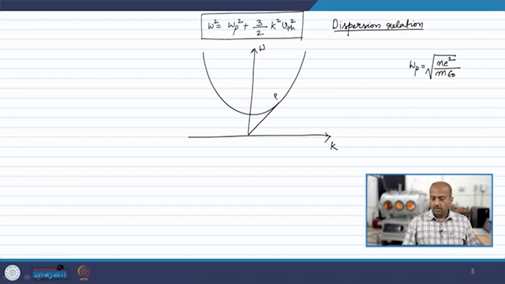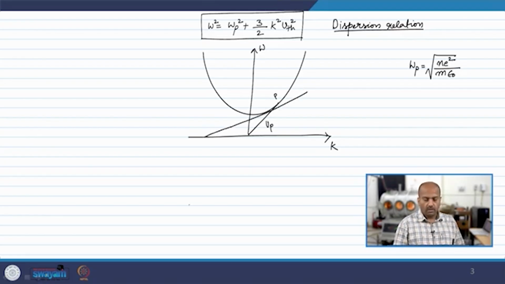The slope of this line will be equal to Vp, which is omega by k. If you draw a tangent from any point onto the curve, the slope of this tangent would be given by Vg, or d omega by dk.